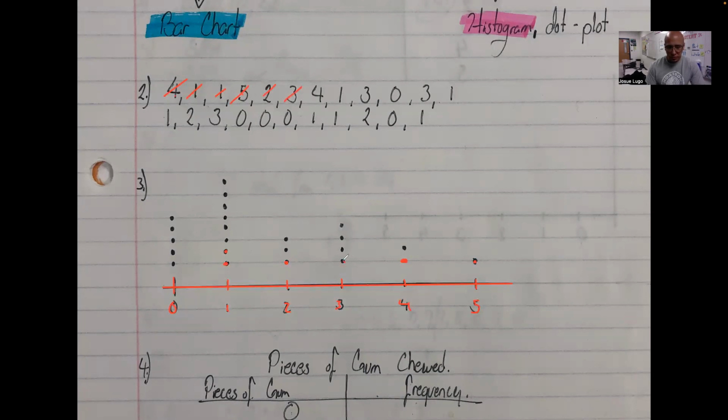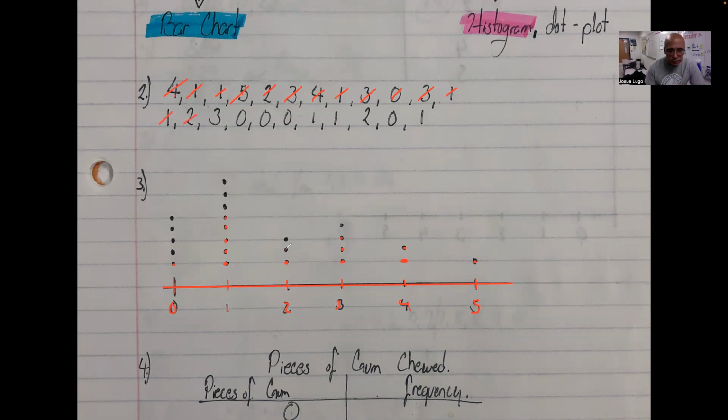Cross out the 3, put the 3 down. A 4. Another 1. 3, 0. You want to be very meticulous in this process. Make sure you don't miss any numbers. Make sure you don't put a dot in the wrong place.